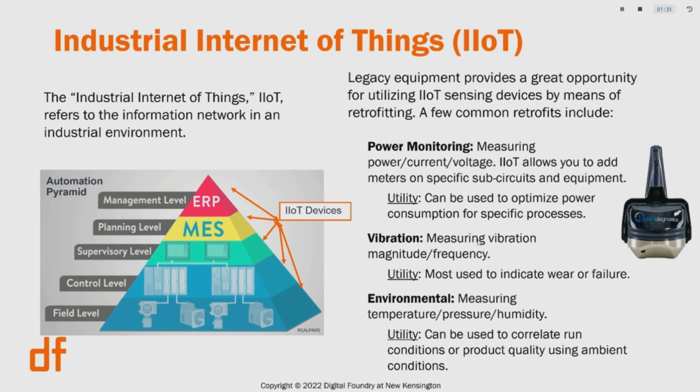Vibration frequency spectra, especially in 3 dimensions, can be complex, so computing algorithms have been developed to help sort through this data. And lastly, environmental, which includes measuring temperature, pressure, humidity, etc. In some cases, knowing ambient conditions such as these can be crucial to addressing quality issues in parts.